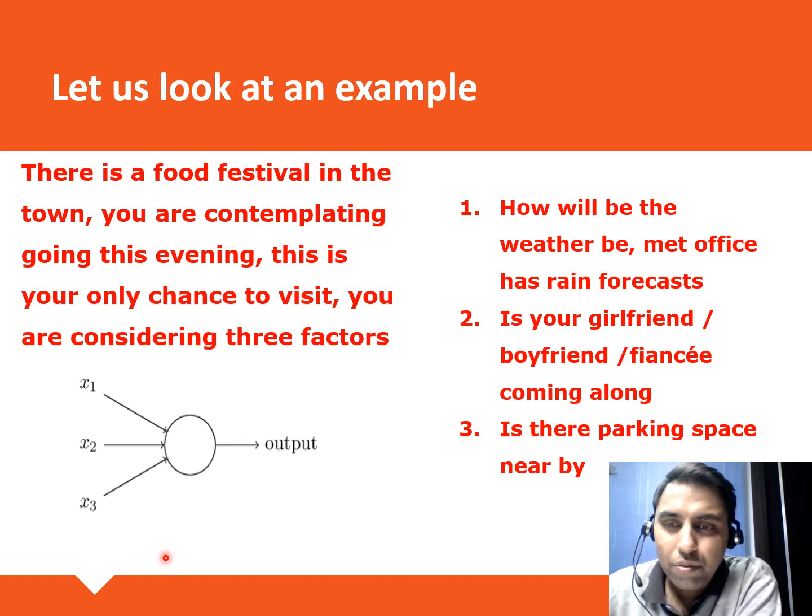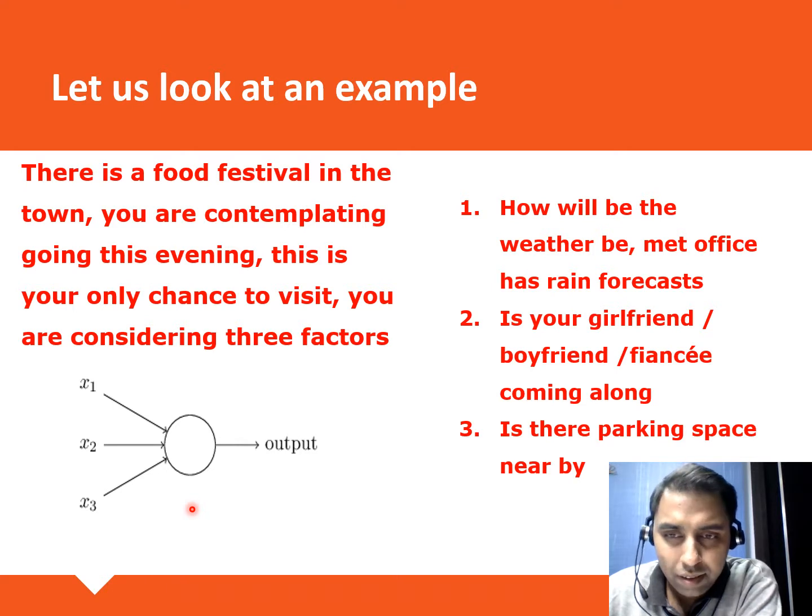If you are aware of the fundamental logic gates, AND, OR, etc., they also pretty much function in this way. They receive signals, or information, from different sources, and then depending on the nature of the logic gate, they combine the information and give an output. So in a way, perceptrons also function in that way, but it's not exactly the same.